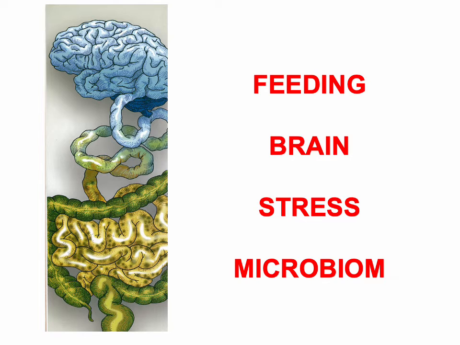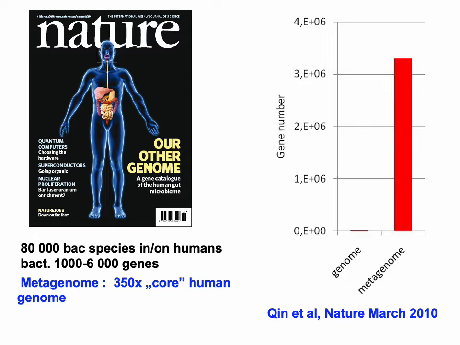Now, as a last section, the feeding, brain, stress, microbiome relationship should be overlooked. You see that the gastrointestinal tract may have 350 times more genes than the mammalian, in this case human, genome.